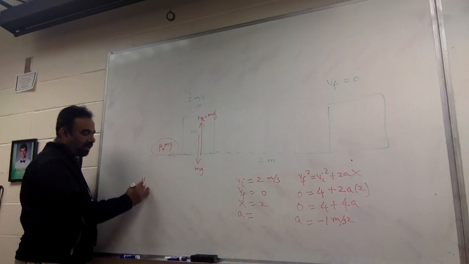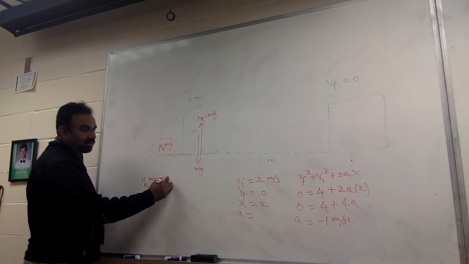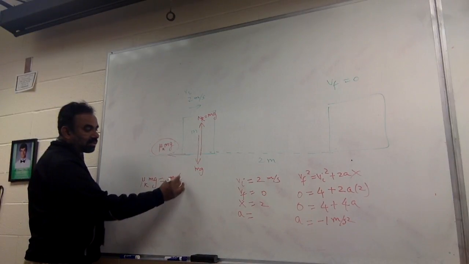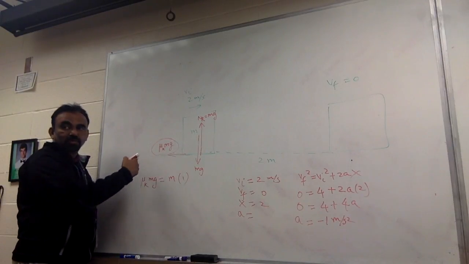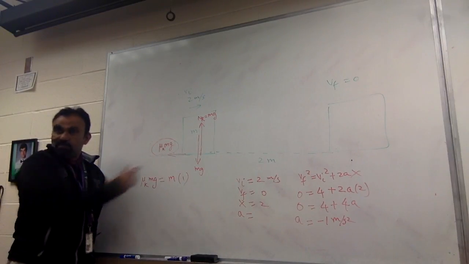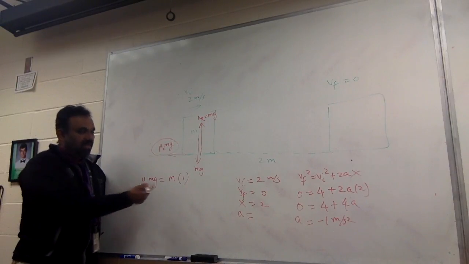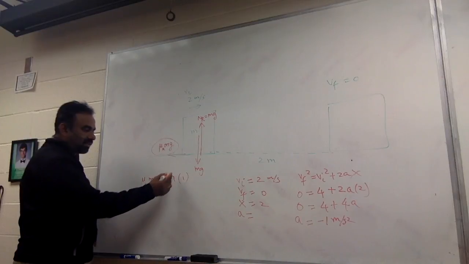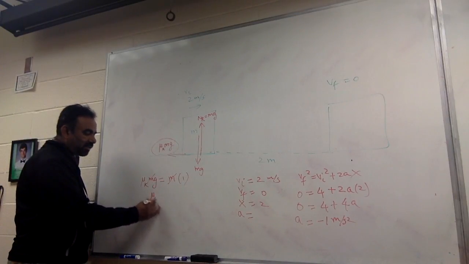So mu k times mg is the same as mass times 1. I'm not putting minus 1 because this is a backward force also, right? This is a backward force. So I'm just getting the numerical value of the acceleration and plugging it here. So m cancels off.